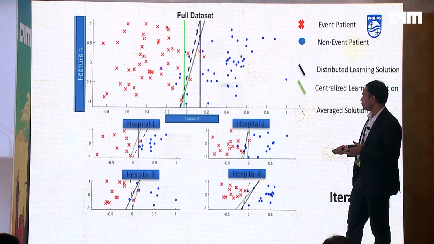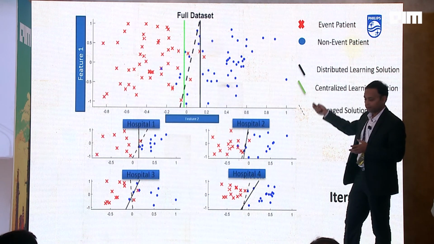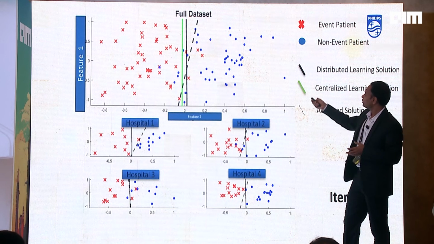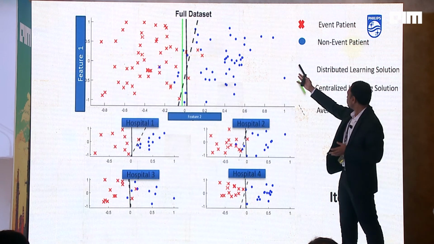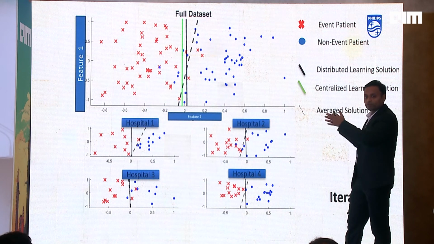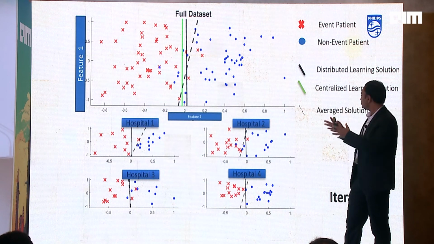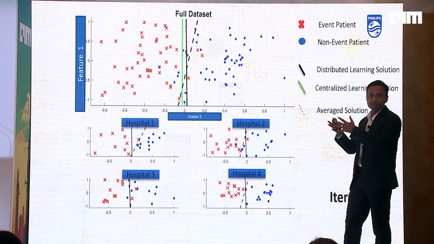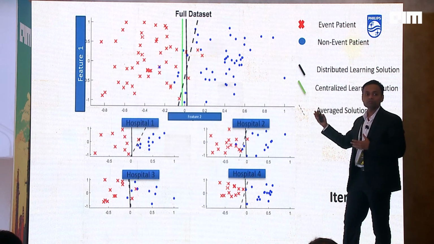And this iteration keeps going on, and the decision plane keeps varying. After some time, the interesting thing to note is on the top one, where the centralized learning solution was attained, we will be able to come closer to that with a distributed way of learning. Almost the decision boundary that you finally get would also be the same.